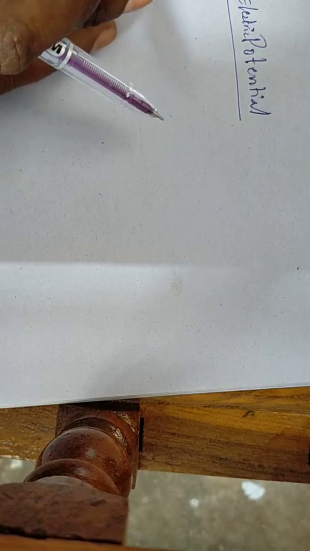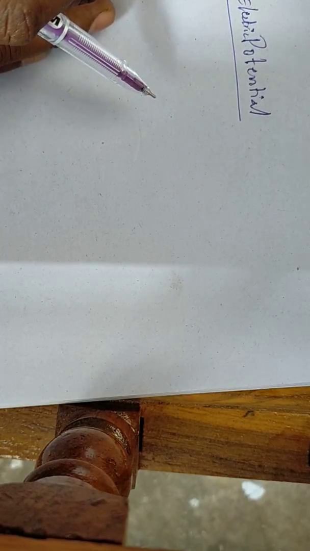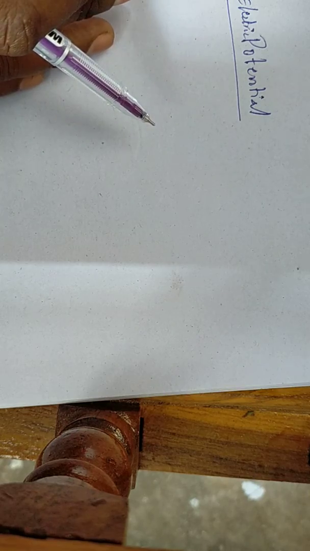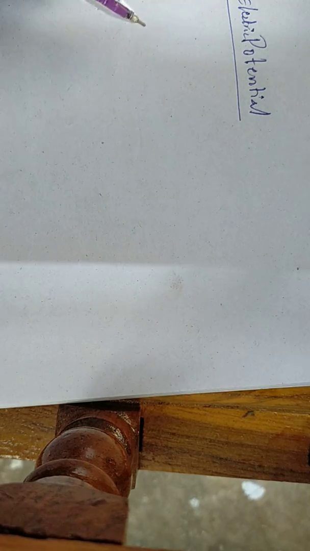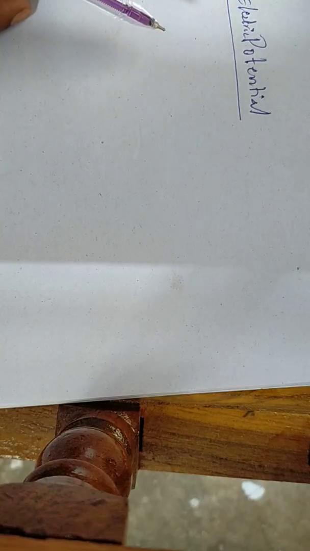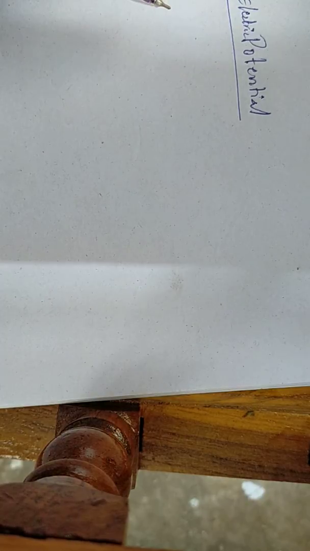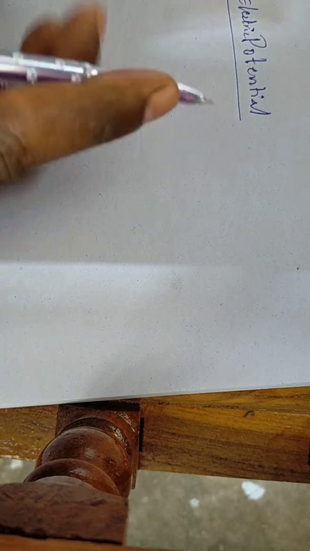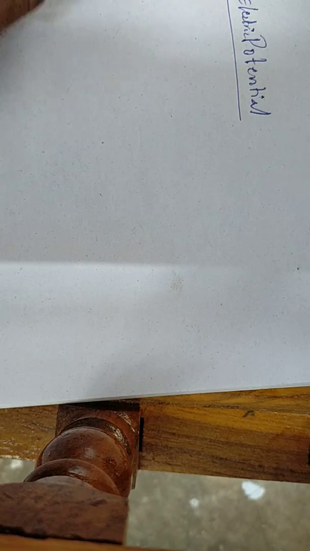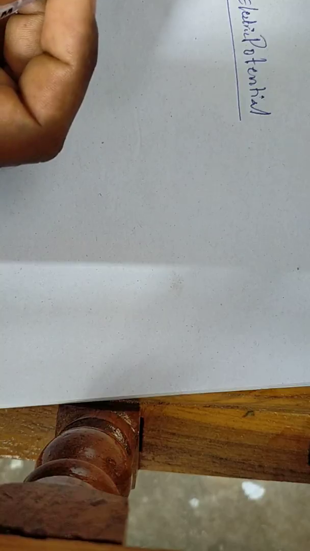For example, if you lift an object from the ground, it gains potential energy. You are doing work, but the body is gaining potential energy. Similarly, in electric circuits there is something which is doing work, which is the source of energy, called the battery. The battery initially pushes the electrons.